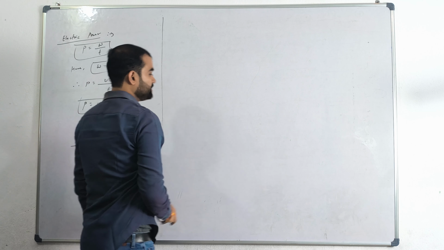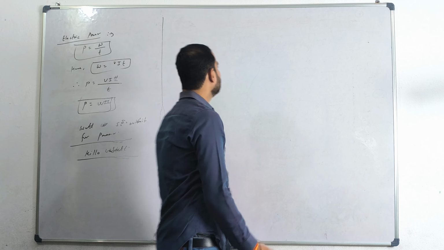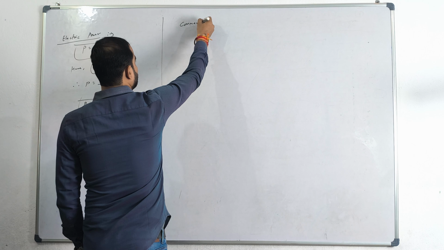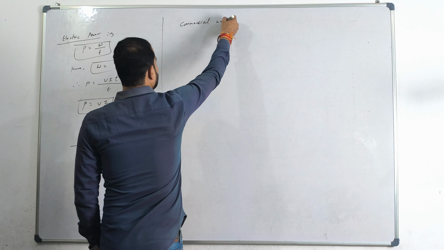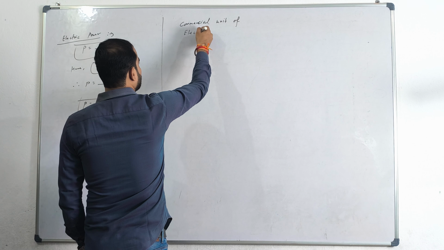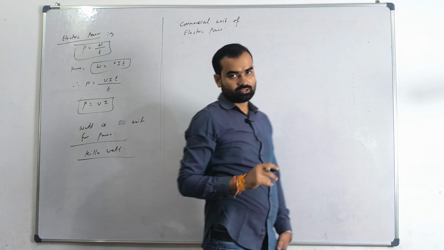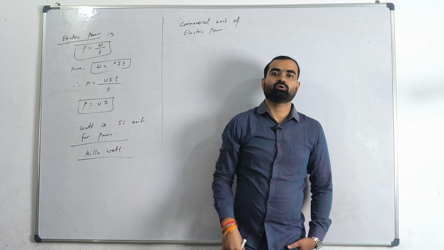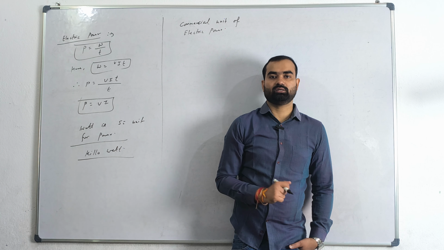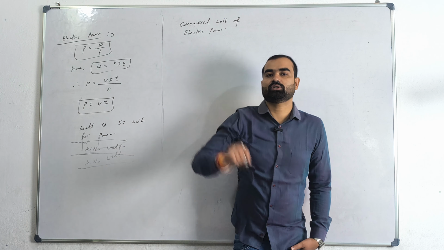Now the fourth and, according to the syllabus, the last topic: commercial unit of electric power. It means the electric meter in your house reads the dissipation of electrical energy in a month in a unit known as the commercial unit.